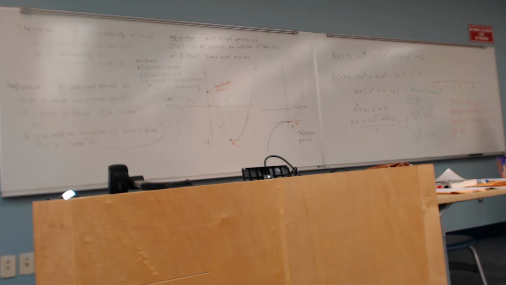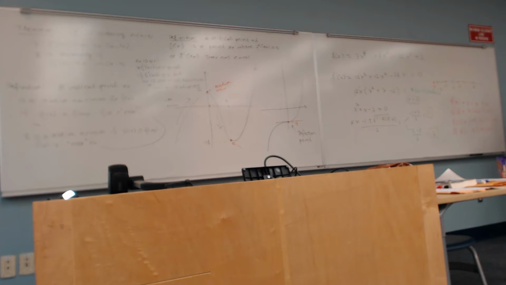I'm sorry, it's f prime, the derivative. I'm not plugging into the original function, but into the derivative. So f prime of 0.5 is 0.5 times minus 0.5 times 2.5. So it is negative.